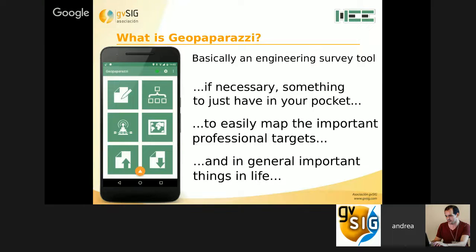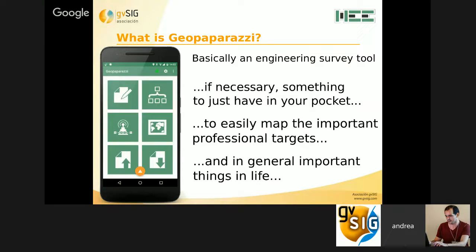And that was our initial thought. So we basically do engineering surveys, and we always have Geopaparazzi in our bag, and so it's easy to map important professional targets, but also anything that comes to your mind. So in any place you're able to quickly take some notes.